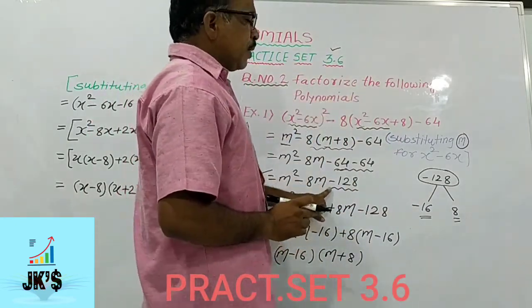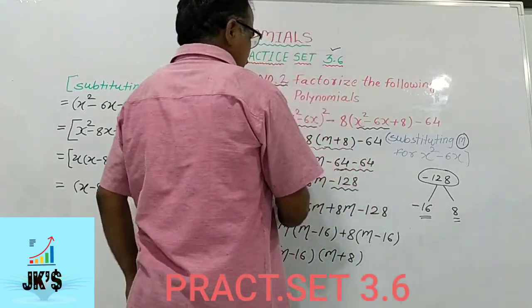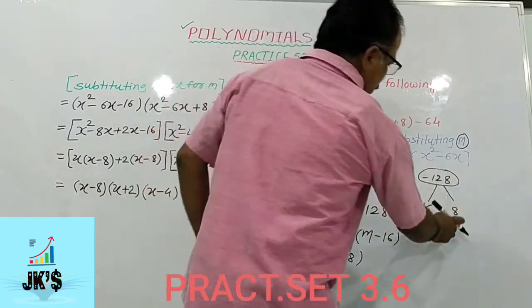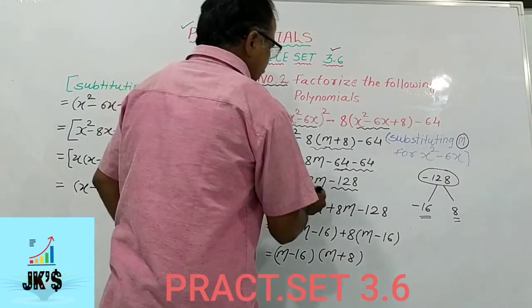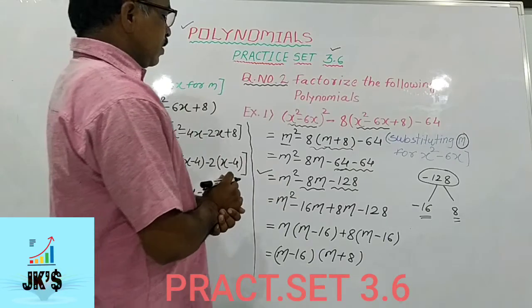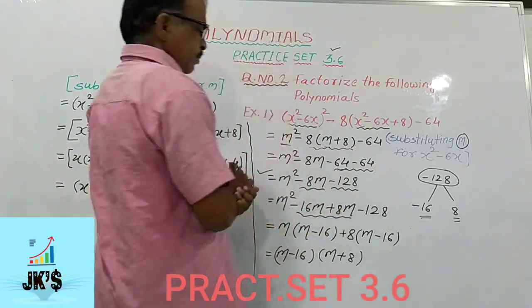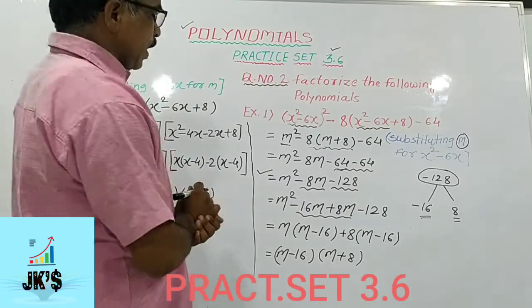We are going to subtract, means we give the sign of the middle term to the greater one and the opposite sign to the smaller one. Means instead of this minus 8m, we write minus 16m plus 8m.